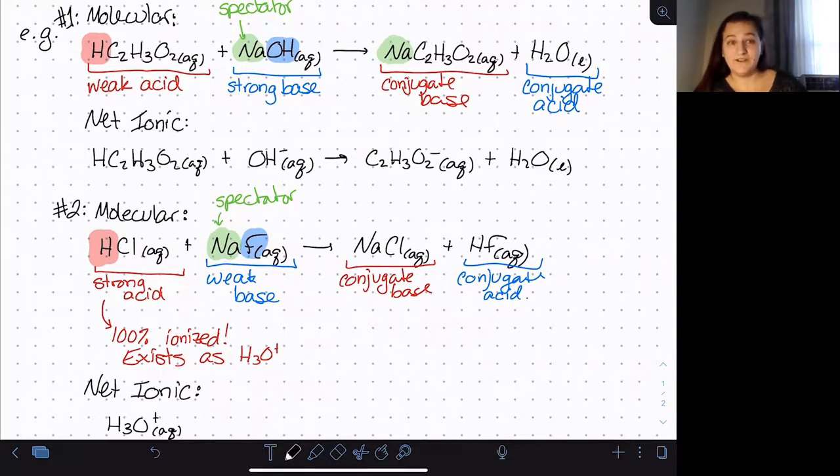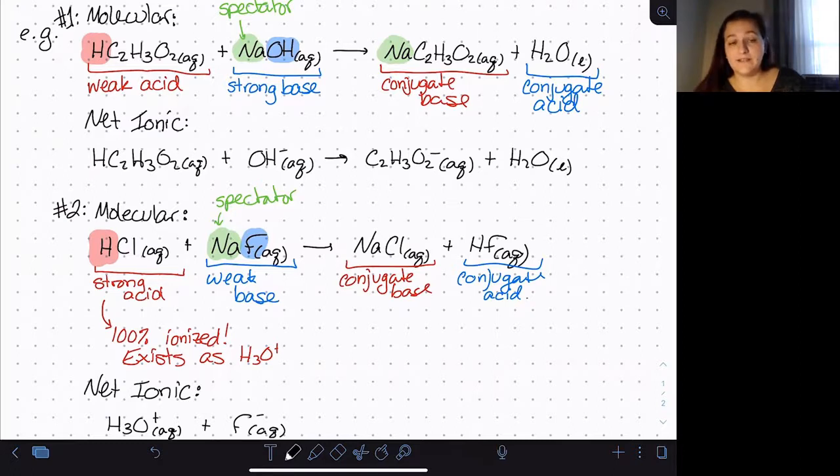So in this case, our net ionic is actually going to look very different than our molecular equation did. We recognized that sodium was a spectator ion, so we're going to leave that out. Our chloride is really actually a spectator ion in this also, so that is getting omitted since the acidic component of our strong acid is really functionally the hydronium ion it created in its solution.